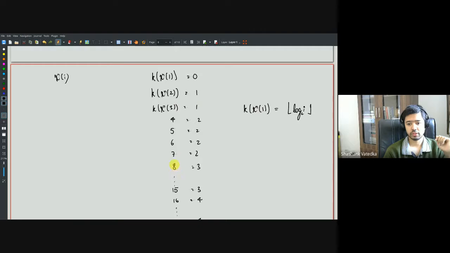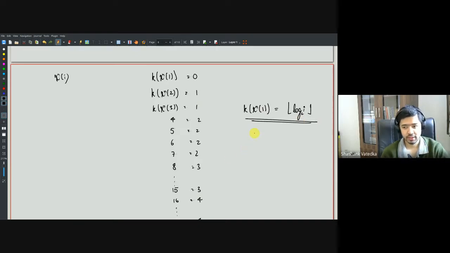For 4 to 7, log i is going to be between 2 and 3, so the floor of that number is going to give me 2. And then 8 up to 15, log of that number is going to be between 3 and 4, so the floor is going to be 3 and so on. Okay.